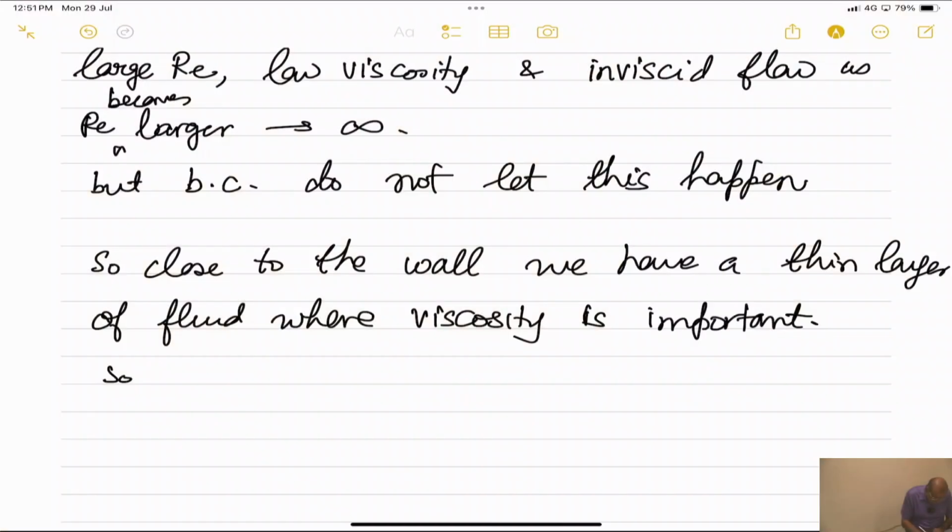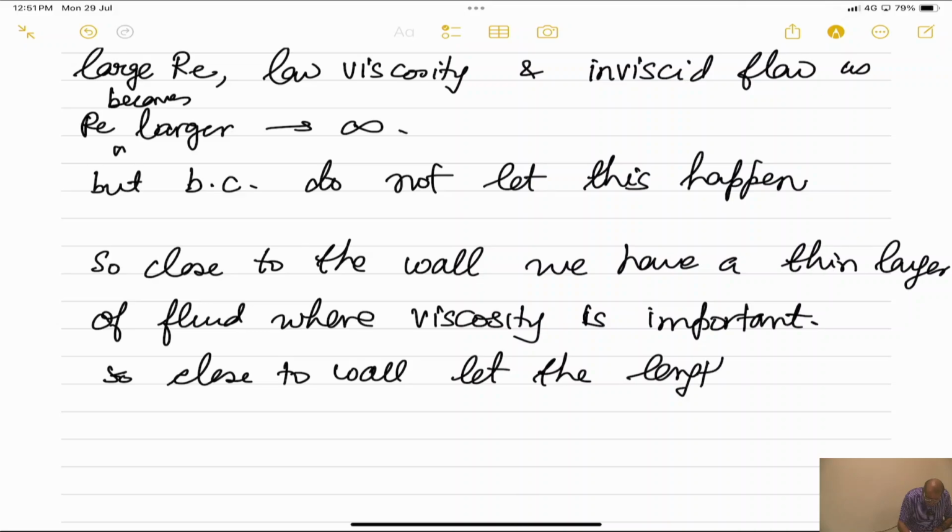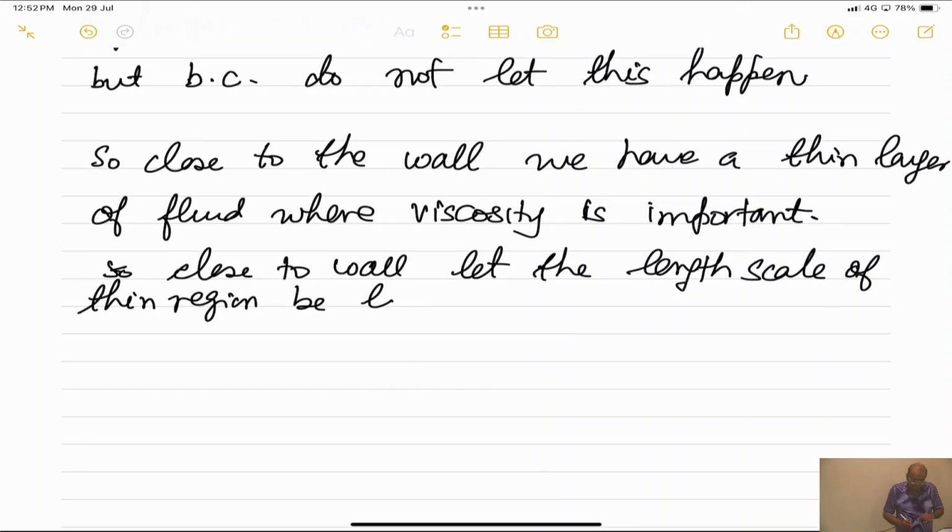So what we say is, close to the wall, let the length scale of the thin region be small l. And then, this is the convective term, this will be of the order of nu U upon L square.